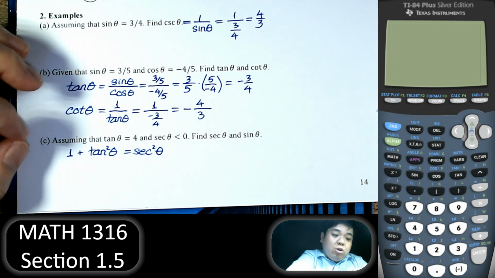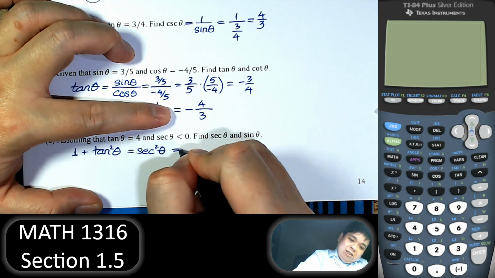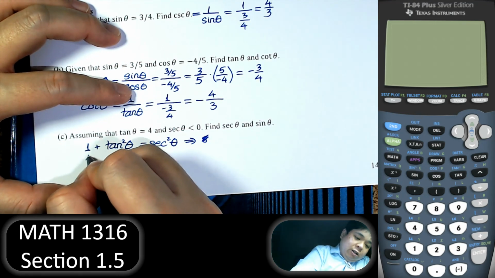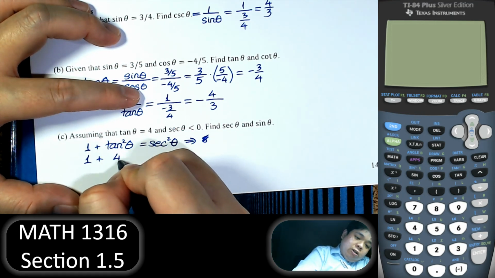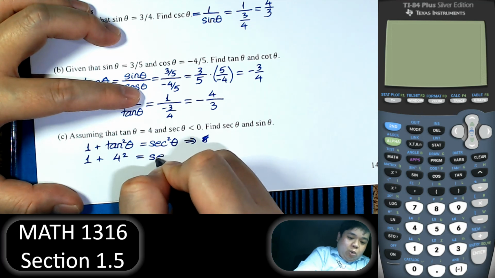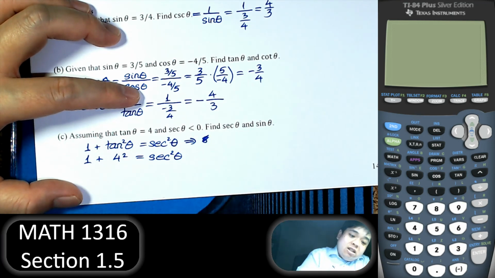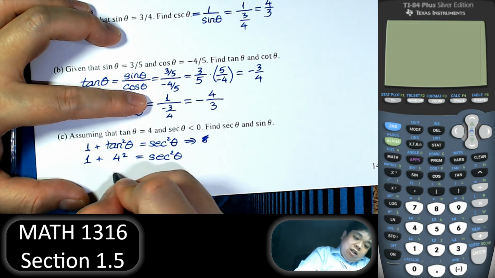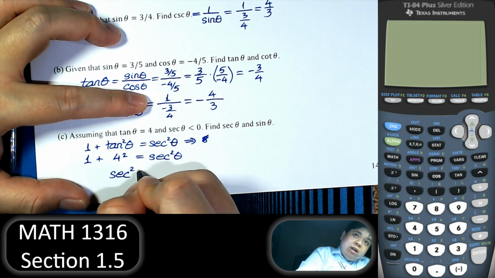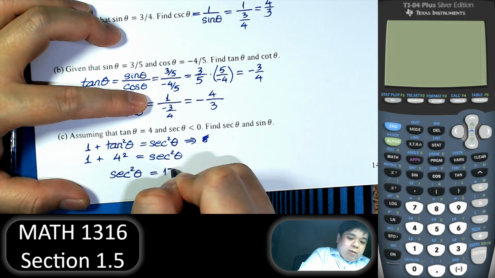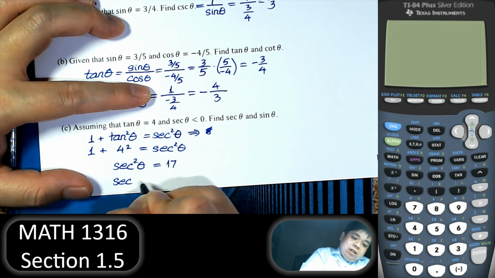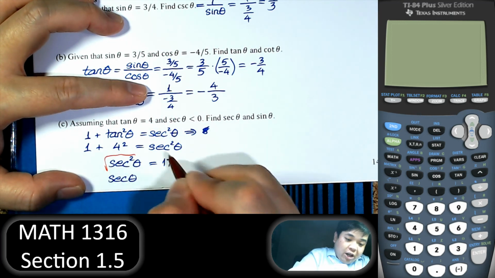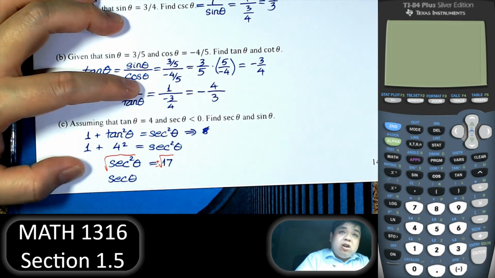So certainly we can solve for secant. Tangent is 4, so secant squared is 1 plus 4 squared, which is 16, so 17. So secant squared is 17. To solve for secant, we take the square root on both sides. And every time we take the square root on both sides, don't forget there's a plus or minus.